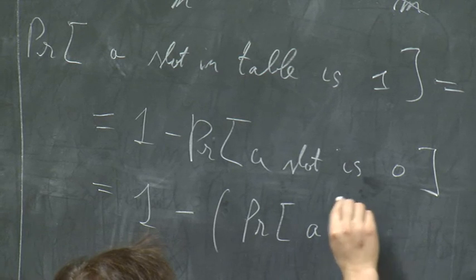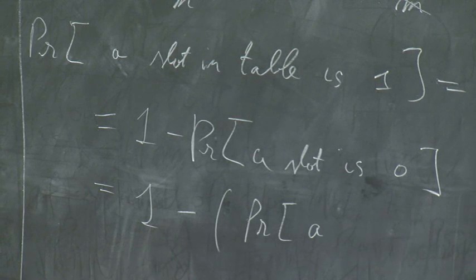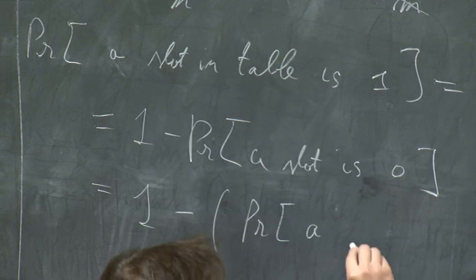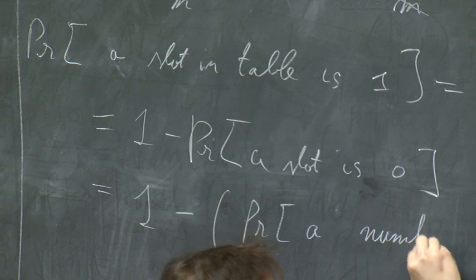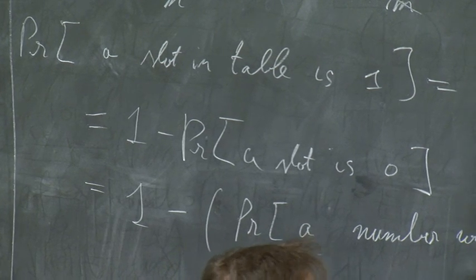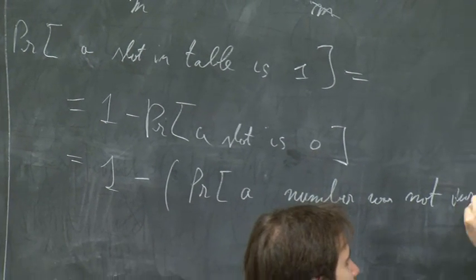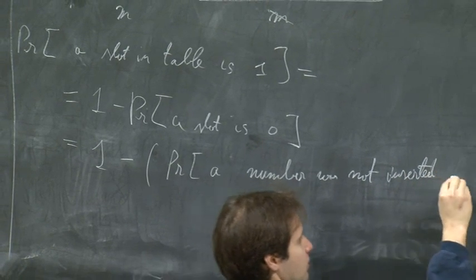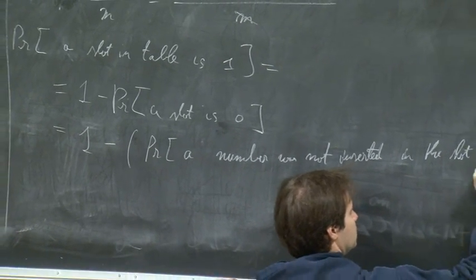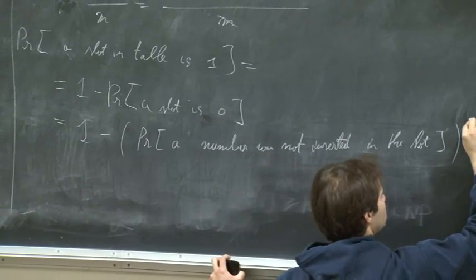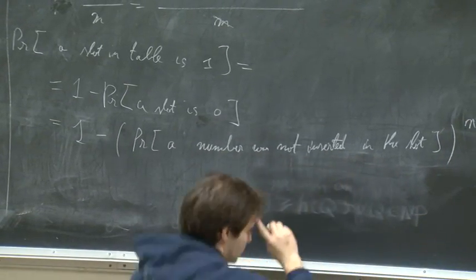A slot is 0 means that no number was inserted in it. We're inserting n numbers, so it's the probability that a single number was not inserted in the slot, raised to the power of n.